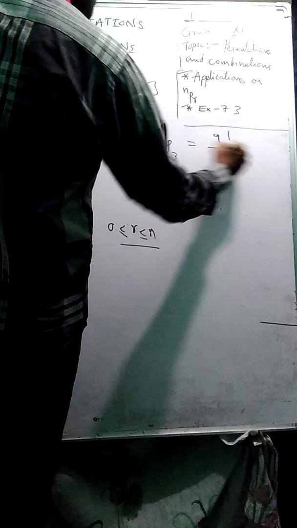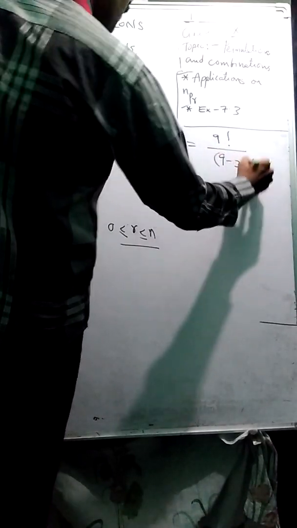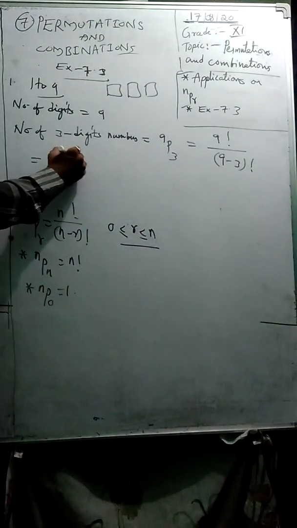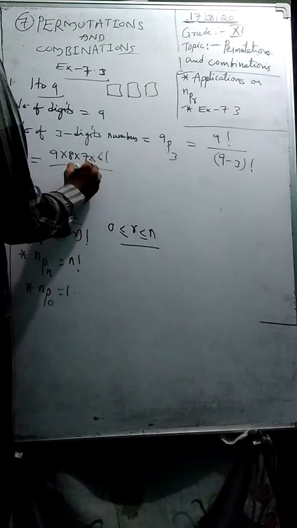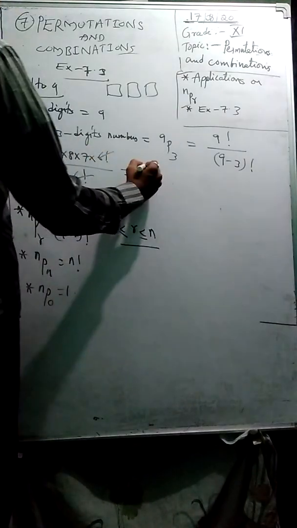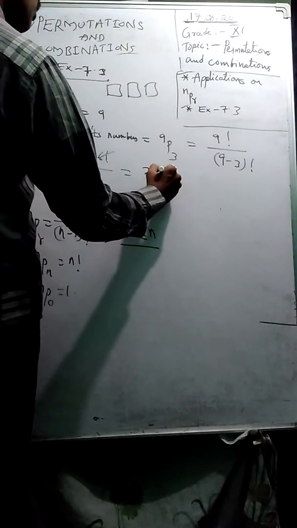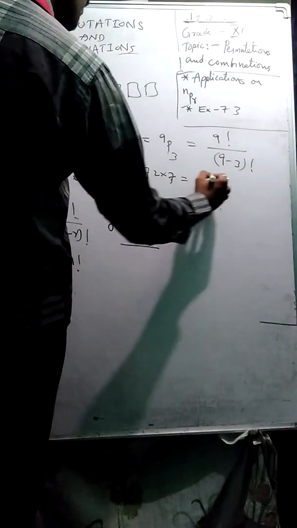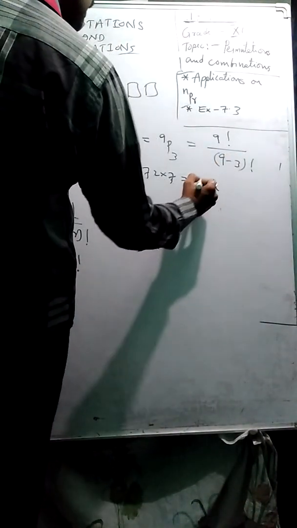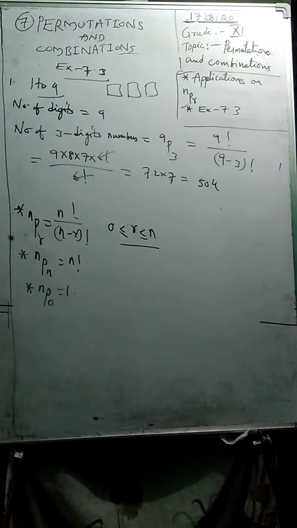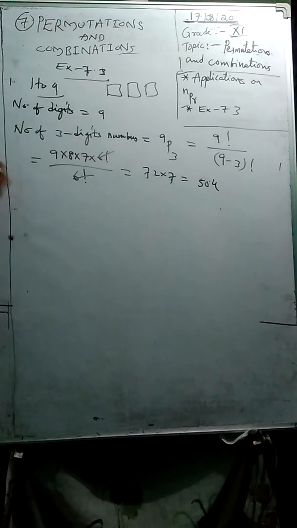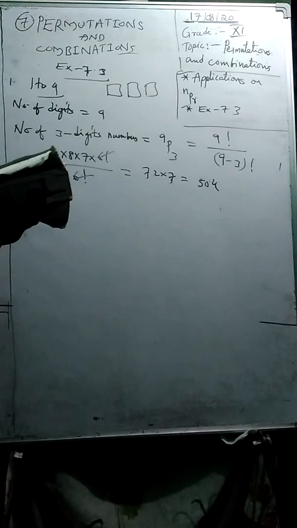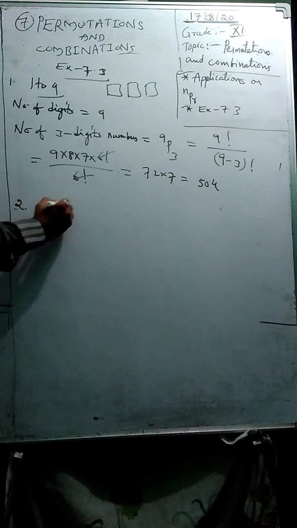So we can write 9 factorial by 9 minus 3 factorial, that is equal to 9 into 8 into 7 into 6 factorial by 6 factorial, because as we discussed, these cancel. 9 eights are 72, 72 into 7 is 504. So 504 3-digit numbers are possible according to this condition. Next problem, students: how many 3-digit even numbers are possible?